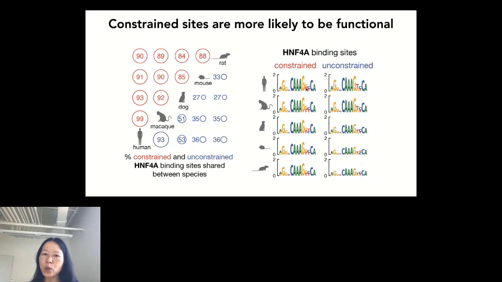If you take each of these into two sets and look at the sequence logo, you can see that in human these two are similar. But when you go to more and more distant species, the unconstrained ones show a lower information content logo.